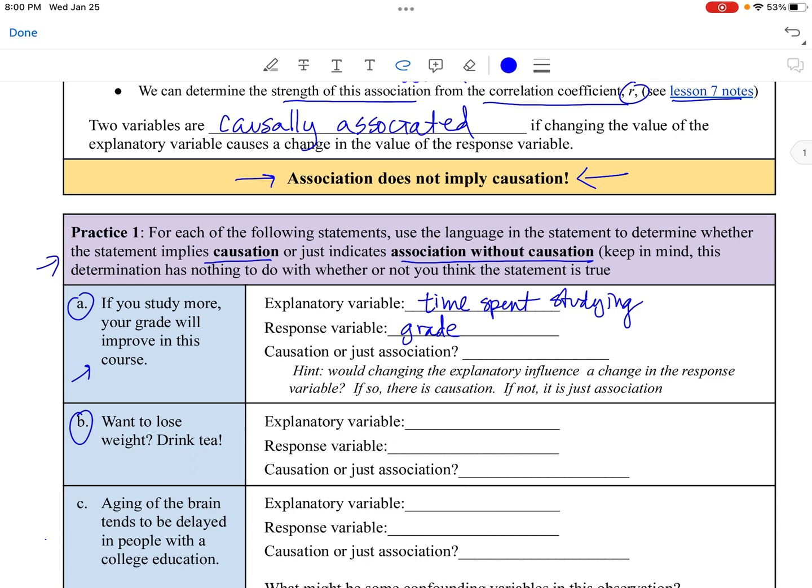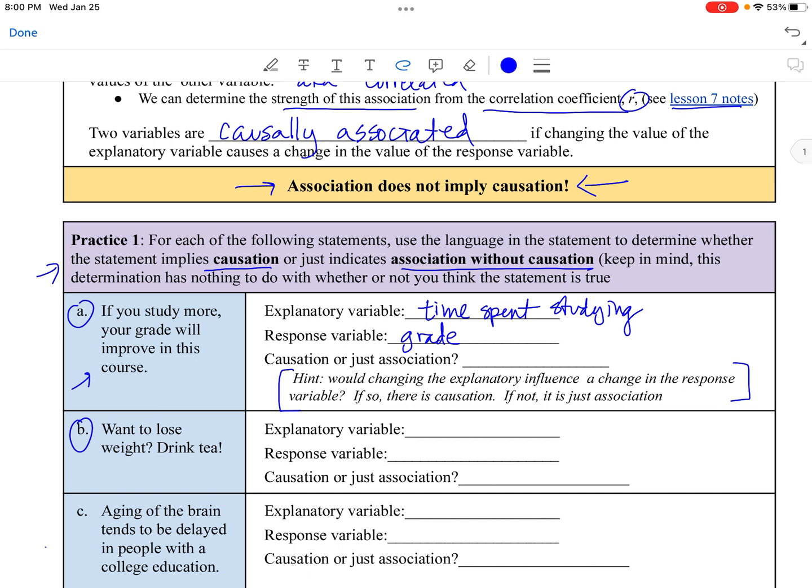And then we're going to use this little hint here to decide whether it's causation or just plain association. Would changing the explanatory variable influence a change in the response variable? If so, there is causation. So, if we change the amount of time studying, would we see a change in the grade someone got in the course? According to this statement, yes. So this would be causation.